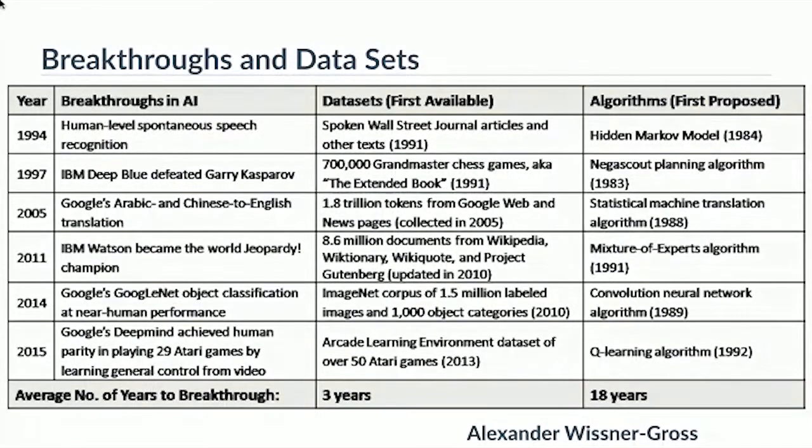So Alexander Wissner-Gross actually published this table, which you might quibble with the specific examples that you see here, but the dominant effect is that the algorithms that we use for these big breakthroughs, like all the advances that we see in object classification, happened pretty quickly after ImageNet was collected. ImageNet was a corpus of over 1 million labeled images that had never been seen before, but convolutional neural nets had been around for quite a long time.